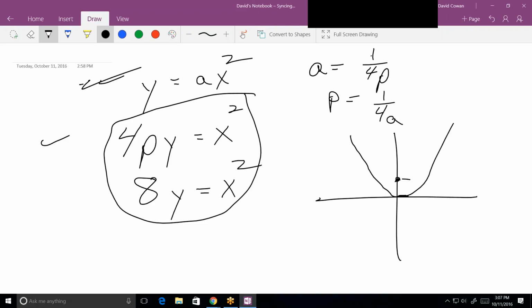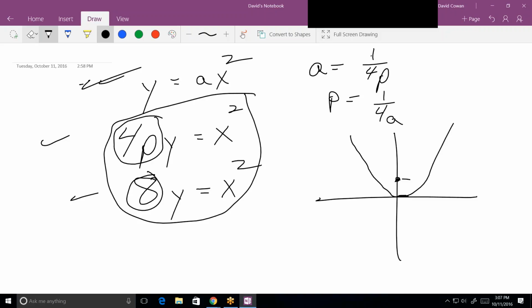In other words, once you get your equation in the general format, you just equate 4P to whatever that coefficient of the y term is. If the y term was 4, P would be 1. If the y term was 12, the coefficient, then P would be 3.